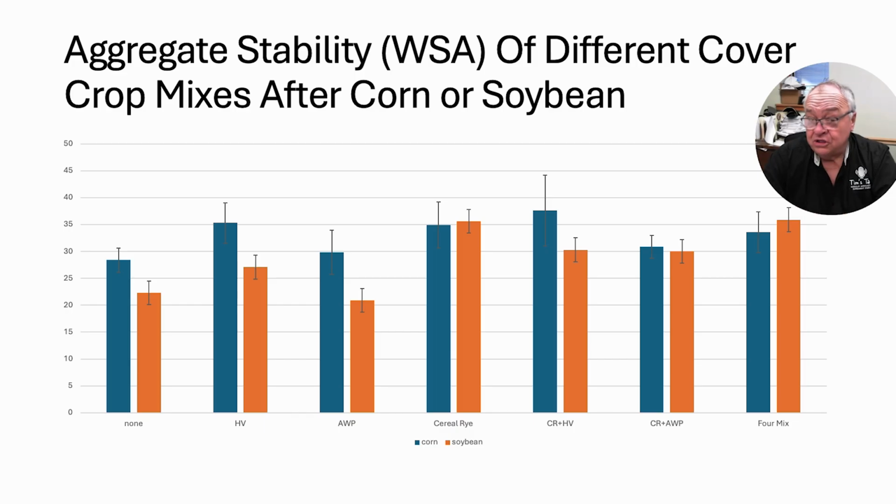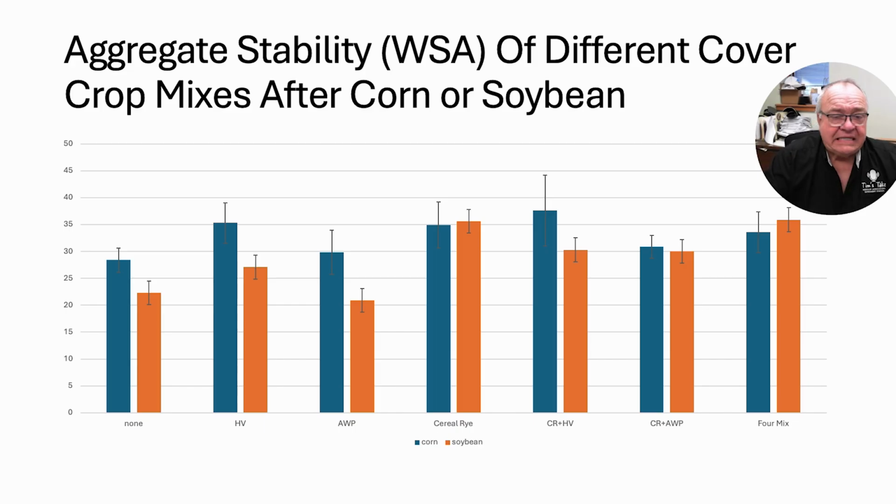But what we do find is that when we follow soybeans behind cereal rye, we see that aggregate stability during that summer is equal to that of corn. So this cereal crop that we showed at Sanborn Field, how wheat made such a big impact on aggregate stability, just using that as a cover crop could make a huge difference.